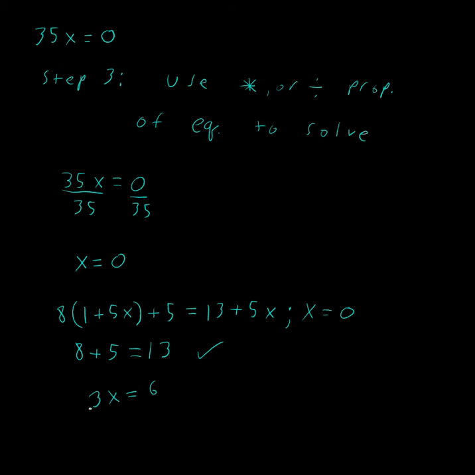First step is simplify. Good job, we simplified. Second step, use addition or subtraction properties to get the variables alone on one side. Looks like we're good. We got our variables on one side and it's alone. So finally, we then use the multiplicative or division properties of equivalence to solve.